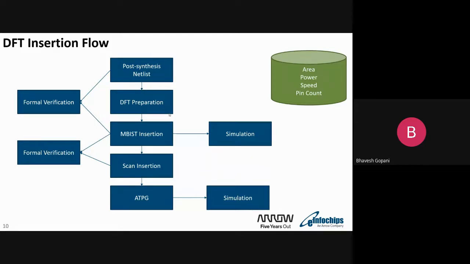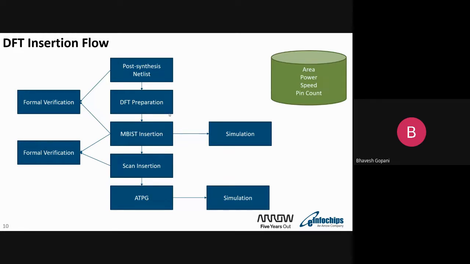First is how many pins are available for DFT insertion, because there are many pins in our design. Let's say one SoC has 250 pins or more than 450 pins, but for DFT, how many are available? How many inputs and outputs can I use out of those pins? Those things I need to define.